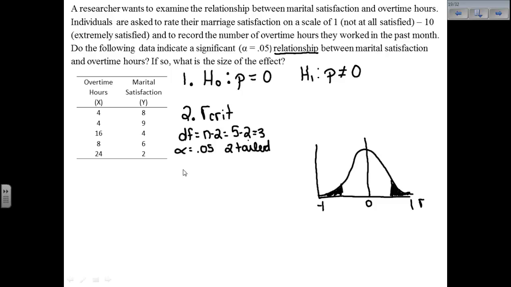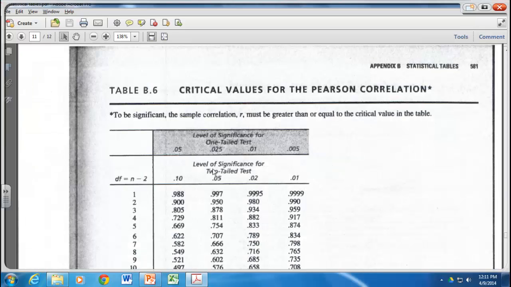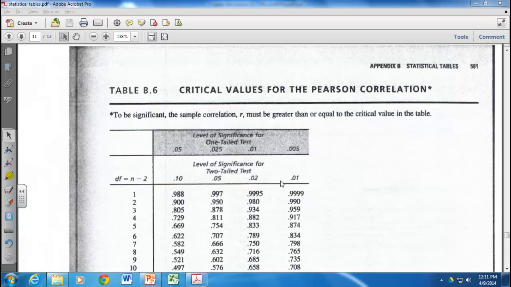All right. So let's check our table and see what our critical value would be with degrees of freedom 3, alpha level 0.05, two-tailed test. Okay. Two-tailed test, alpha level of 0.05, and degrees of freedom of 3.